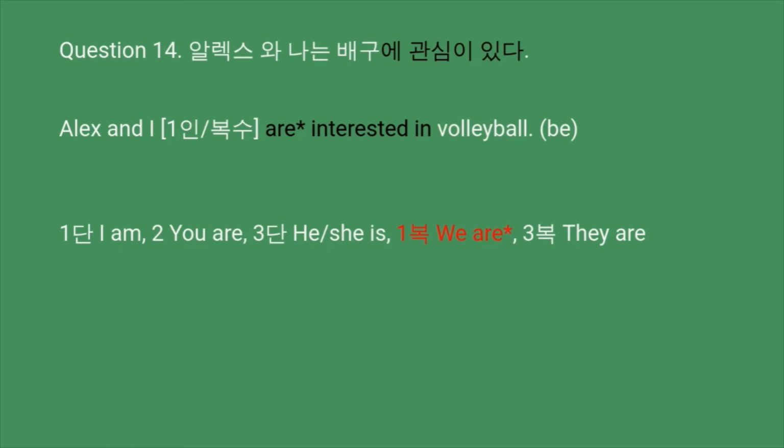Because Alex and I, it's the first person plural, so it's just like we. So we say we are interested, so Alex and I are interested in volleyball. I am, you are, he or she is, we are, they are. 알렉스와 나는 배구에 관심이 있다.